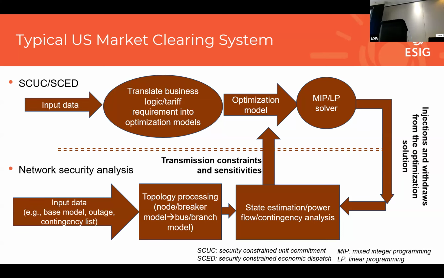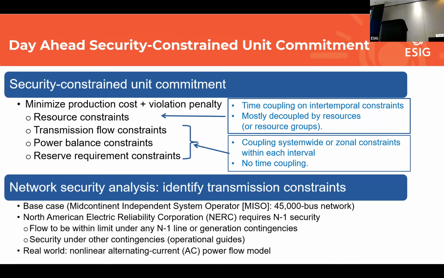It's normally DC power flow, but in some areas like California, they also run AC power flow. And then what they call the SFT, simultaneous feasibility test, will identify additional constraints to be sent back to the day-ahead clearing.